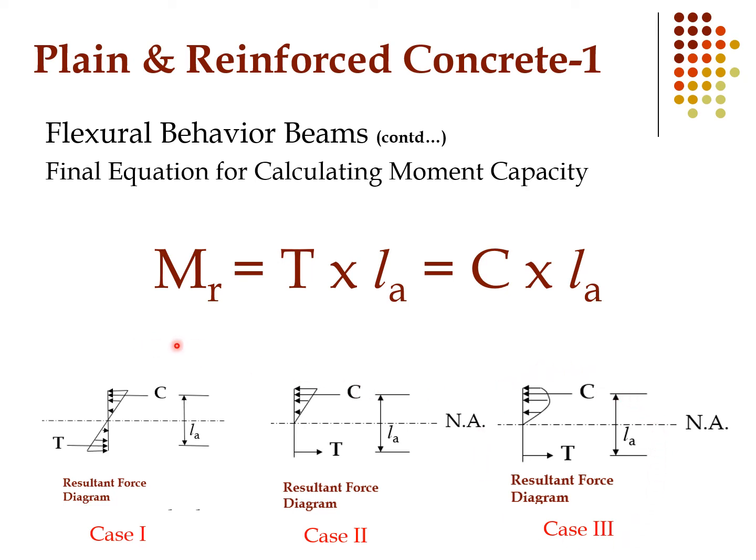If we want to find the moment capacity, it equals T times LA. Moment is force times perpendicular distance, so T times LA or C times LA. For all three cases, moment equals T times LA or C times LA.